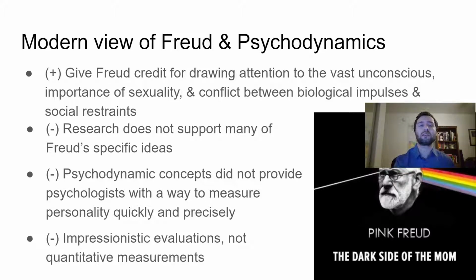So what we're going to see is after Freud, as psychology becomes more of a true science, and again, it didn't necessarily start with Freud. There were psychologists before him, obviously, but he became really popular.